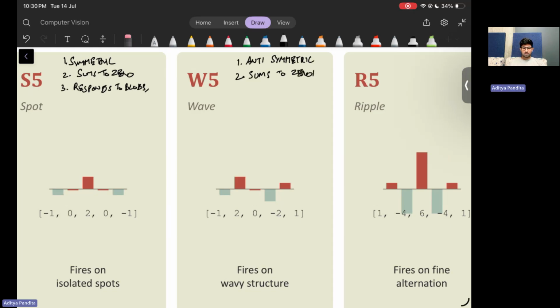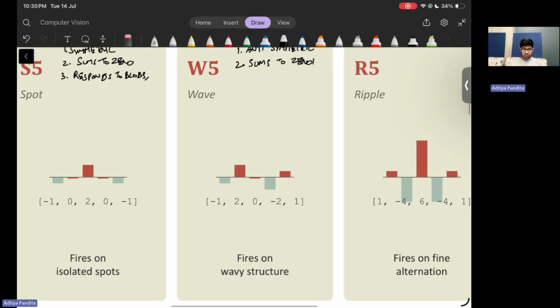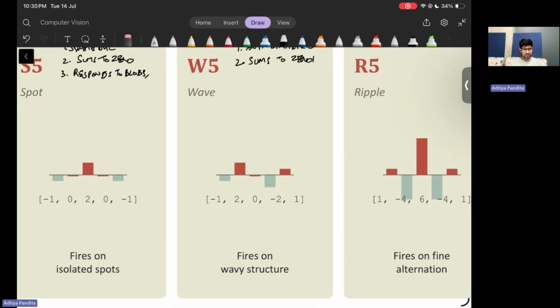This wave kernel fires on signals that go up and down, whether they are in a directional way or not. It is a higher order asymmetric edge detector, so basically an upgrade on E5.